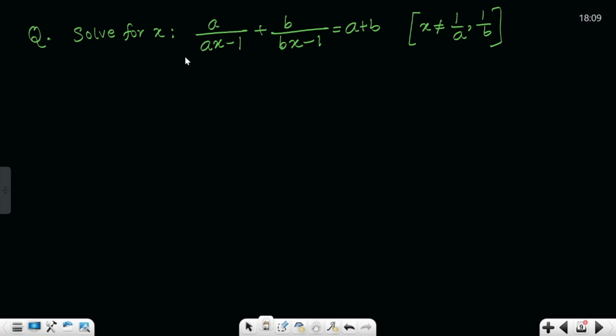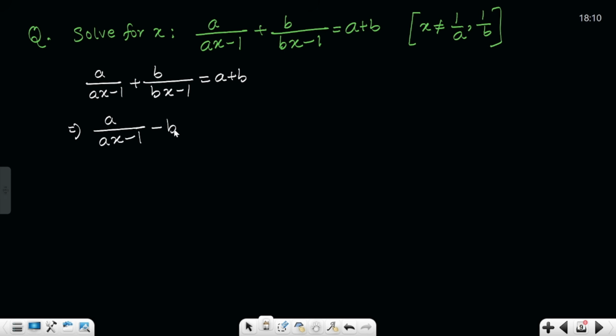Okay, so what is given? We need to solve this equation: a by ax minus 1 plus b by bx minus 1 equals a plus b. First, we will bring this b to the left hand side. So this will be a by ax minus 1, minus b, plus b by bx minus 1.